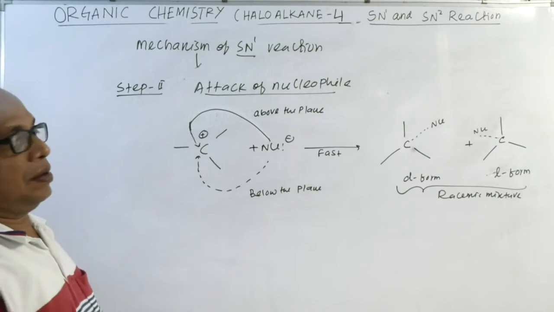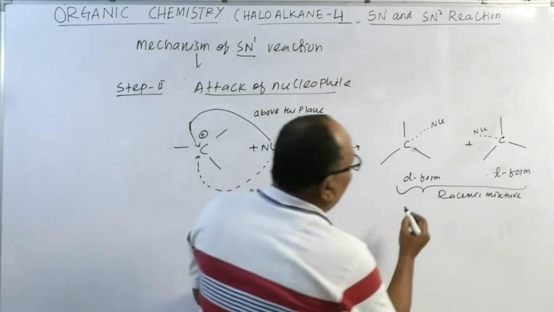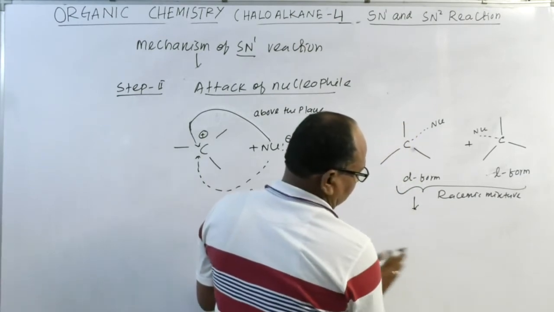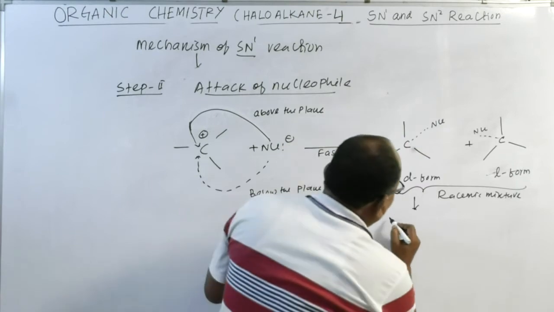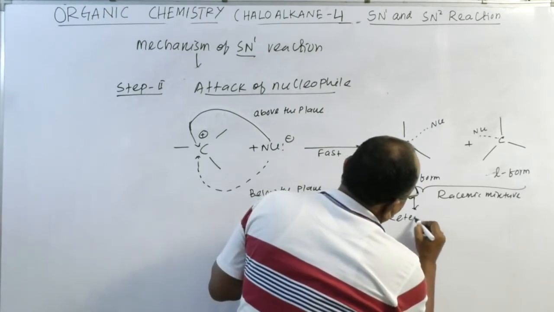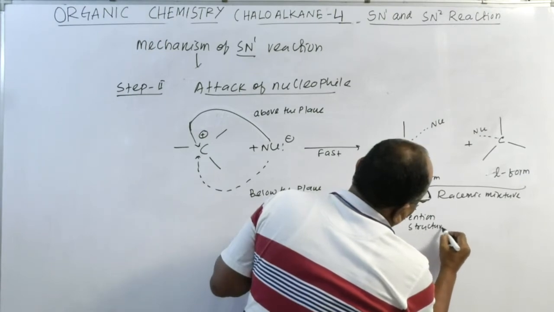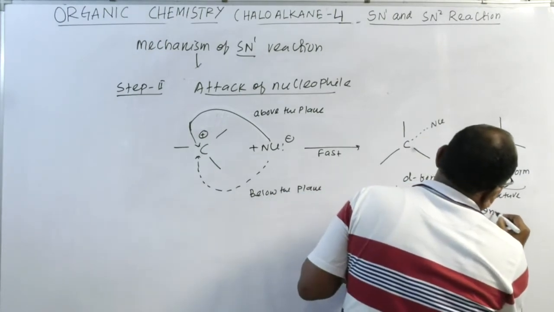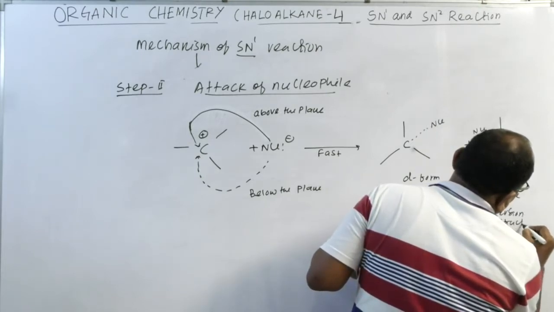And out of this, one is called the retention structure, and the other is called the inversion structure.